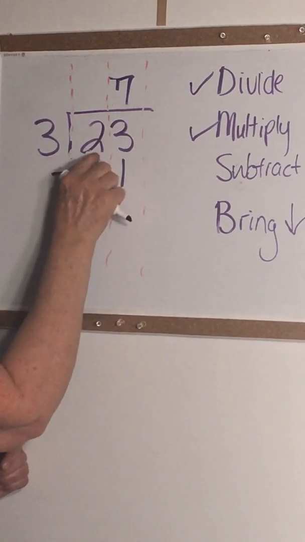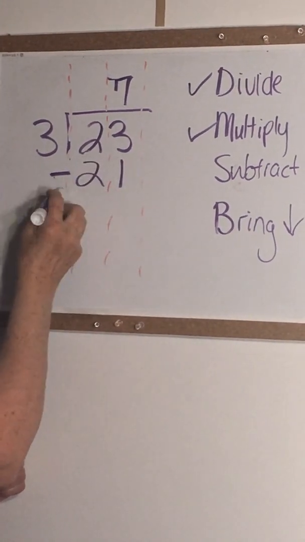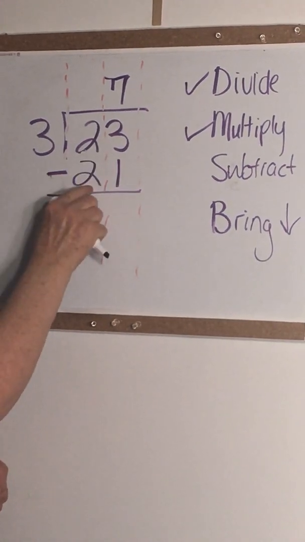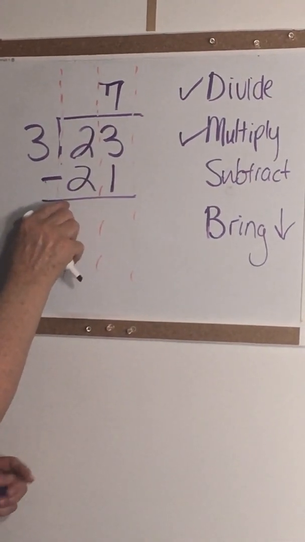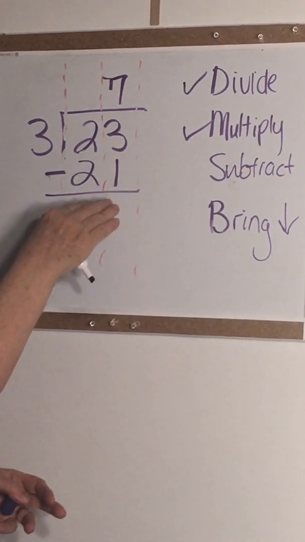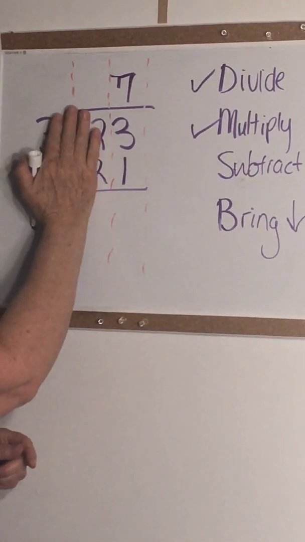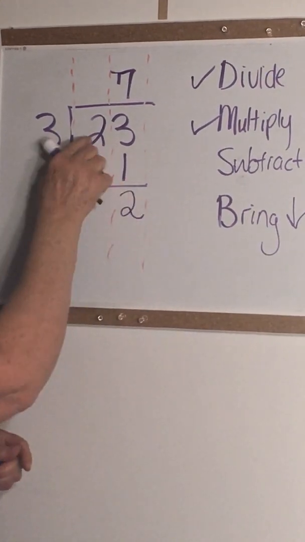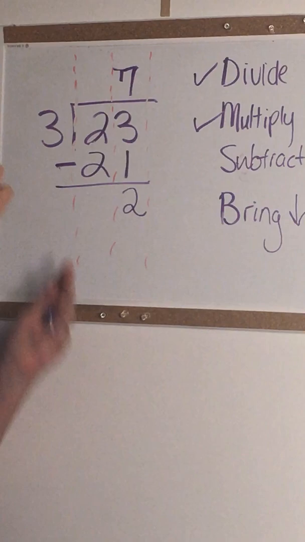Subtraction sign here, 23 minus 21. Here's our subtraction problem. 23 minus 21, okay? I can do it just in my head, 23 minus 21, or I can again separate it. 3 minus 1 is 2, and 2 minus 2 is 0. Okay?